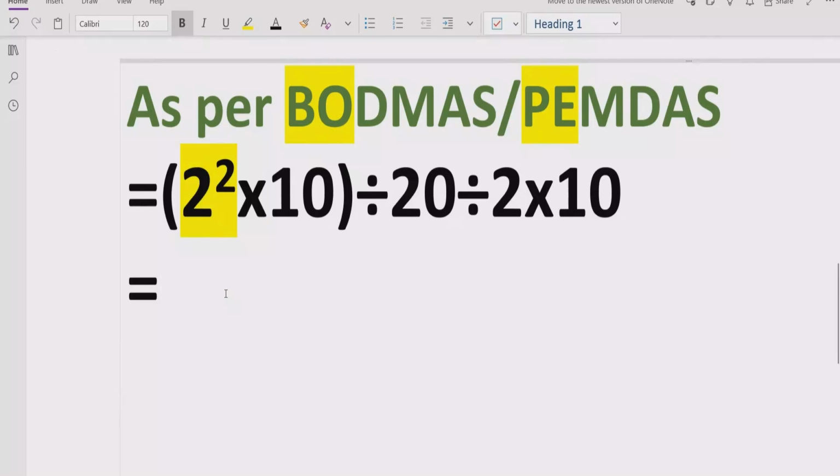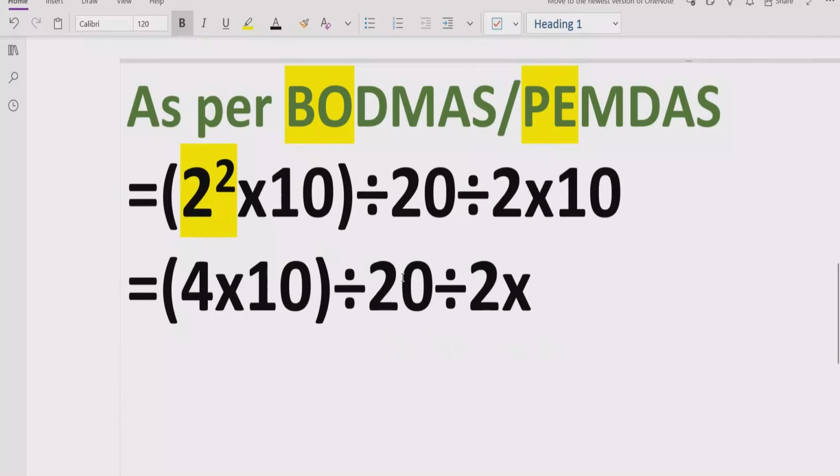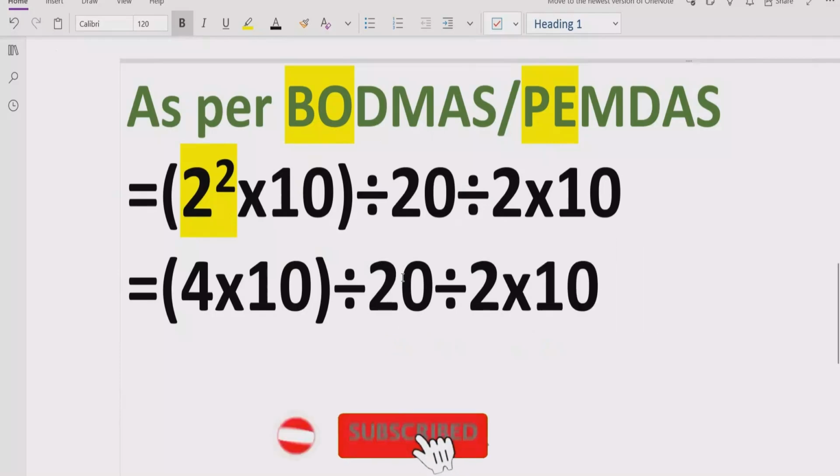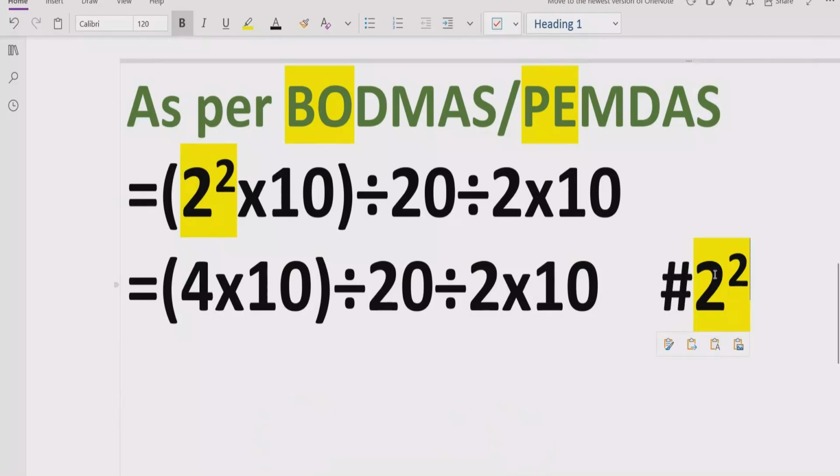So we will write 2 raised to power 2, which is equal to 4, multiplied by 10. We will write the rest as it is, divided by 20 divided by 2 multiplied by 10. And here we give the reference so that you can understand how we have to solve this expression.